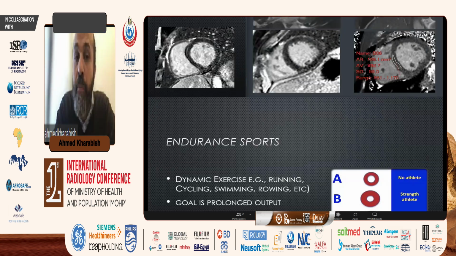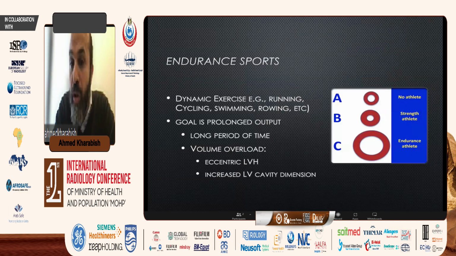Moving to the other type of sports, which is endurance sport, it depends on the long term in order to increase the cardiac output and the stroke volume rather than hypertrophy. In this type of sport, the heart adapts itself by dilatation, by increasing the cavity size in order to increase the cardiac output.